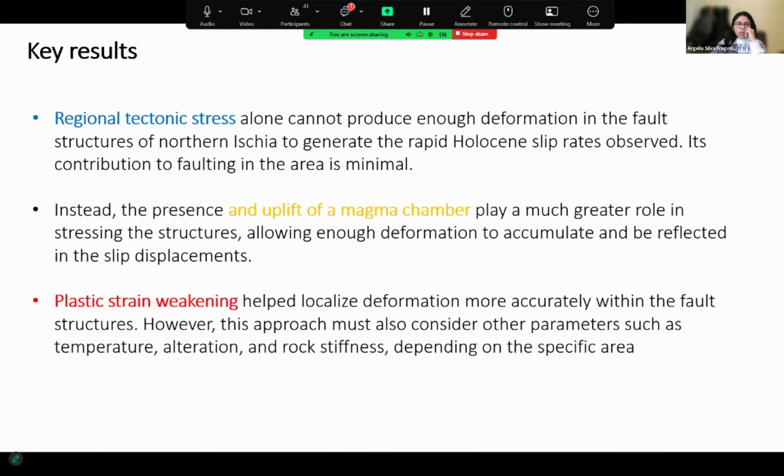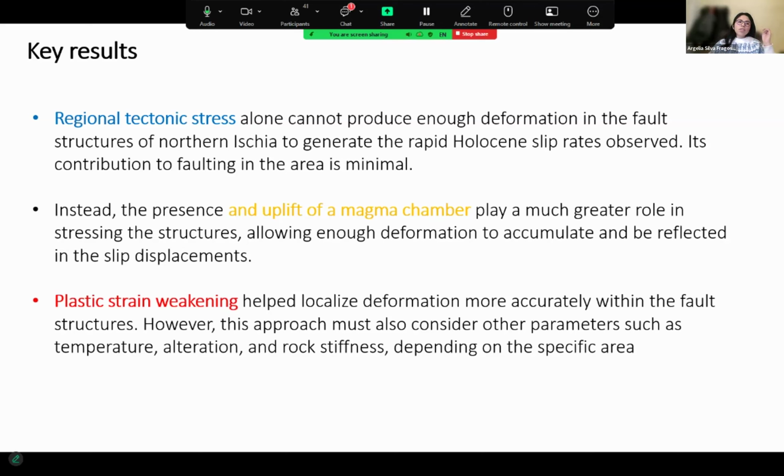So just to conclude, I proved with the models that the regional tectonic stress alone cannot produce enough deformation on the fault structures. It has to be in addition to the uplift of the magma chamber in a stage of resurgence, not a subsidence movement.